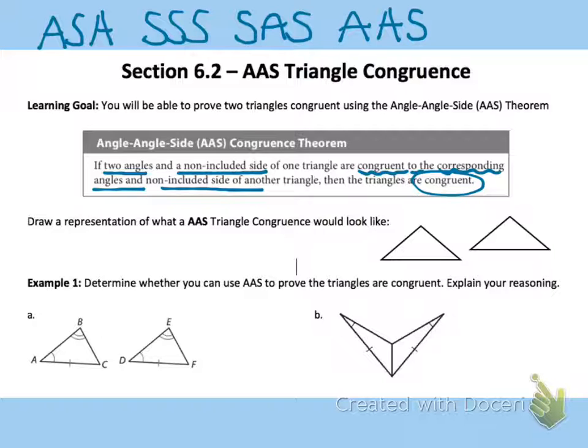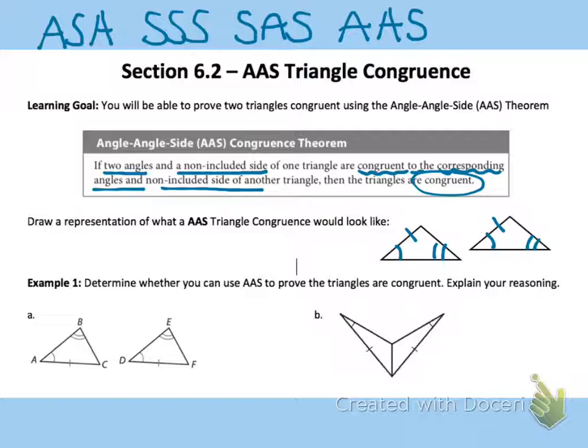A representation of what that might look like, marked on some triangles, is, say we had this angle, and then this angle congruent, and then maybe this side right here and this side. It could be that, or it could be the other pair of sides.